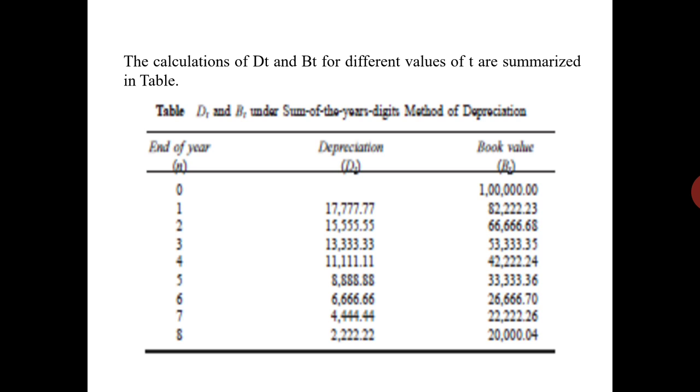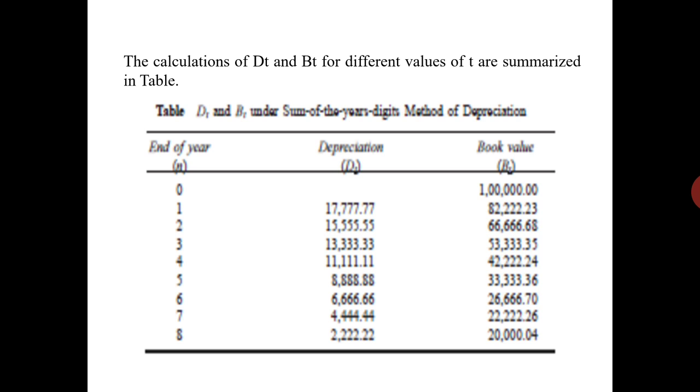Likewise, the second year depreciation value is 15,555.55 and the second year book value is 66,666.68. Every year the depreciation value and book value are solved with the same formulas.